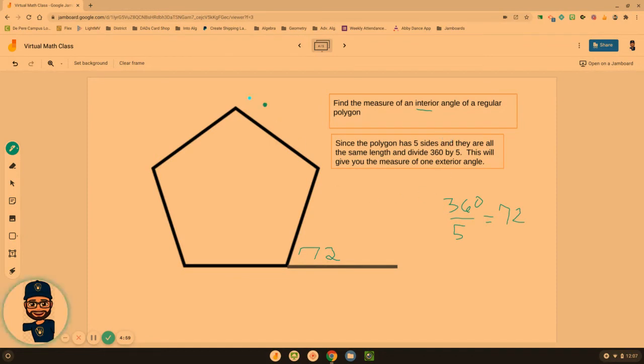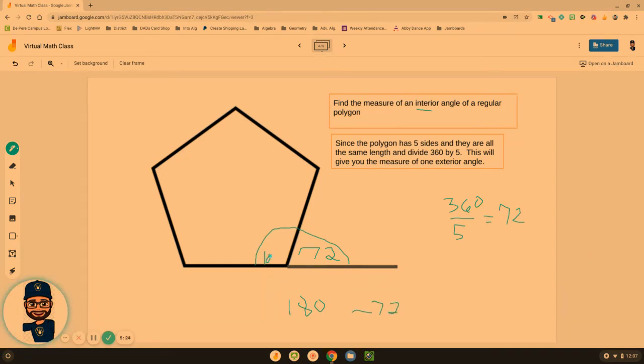360 divided by the number of sides. Now, the best part is we didn't even do any formulas. We just found the exterior angle. If we remember, this angle and that 72 have to total 180 degrees, which means if I do 180, take away that 72, we're left with 108.